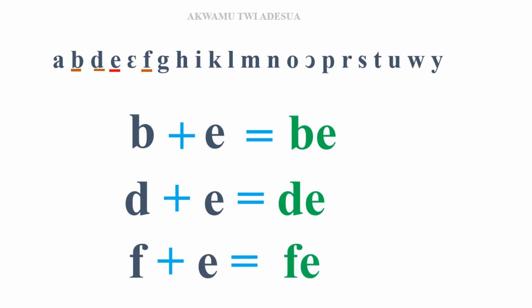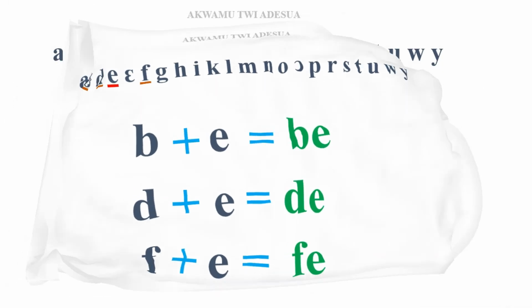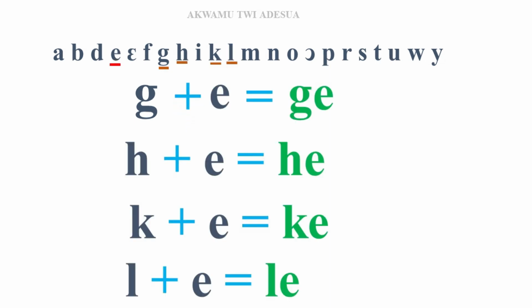The d and ɛ will give us dɛ. F plus ɛ will also give us fɛ. G and ɛ will also give us gɛ.